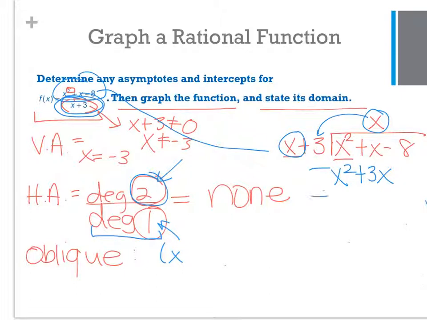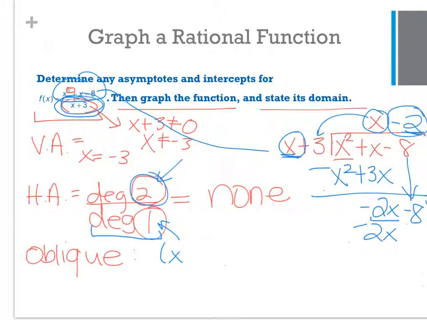Remember, with long division, we subtract our columns, and I get x minus 3x is -2x. I'll carry down the -8. X goes into -2x, -2 times. So when I multiply -2 times x, I get -2x, and -2 times +3 gives me +6.